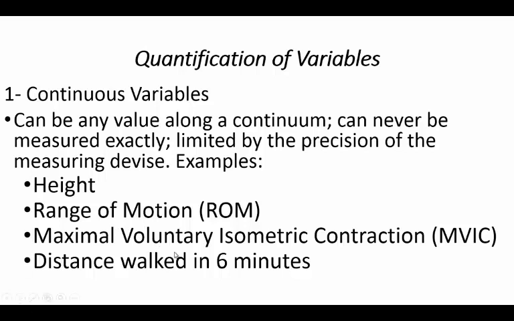Maximum voluntary isometric contraction, the distance a person walks in 6 minutes. All of these are continuous variables. They can carry any value, and it can have a decimal point, 2 decimal points, 5 decimal points, and so on. So I can be as precise or as gross as my measuring device would allow me.